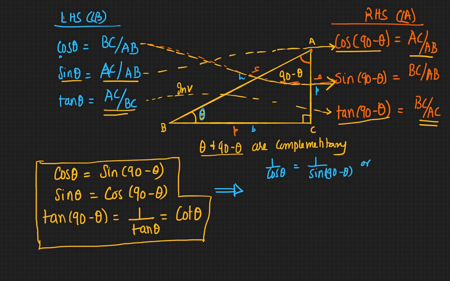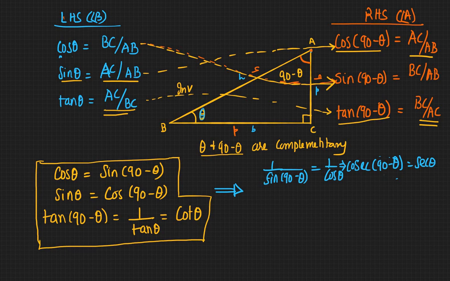In other words, 1 by sine of 90 minus theta is equal to 1 by cos theta, which implies cosecant 90 minus theta equal to secant theta.